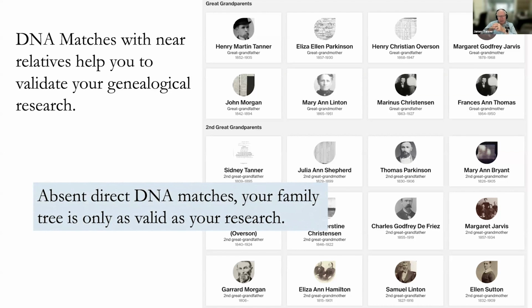If you don't take DNA tests and get DNA matches, then basically your family tree is only as valid as your own personal research.